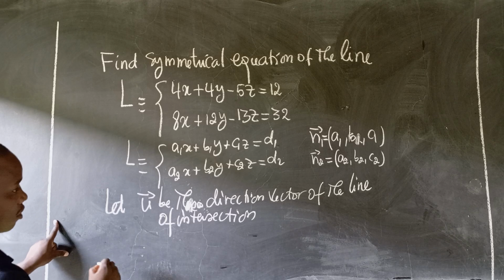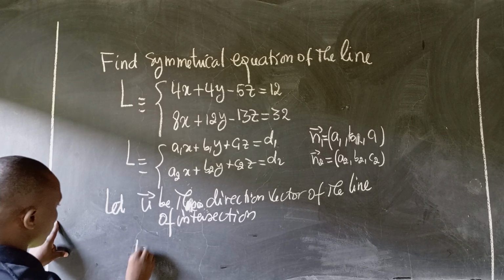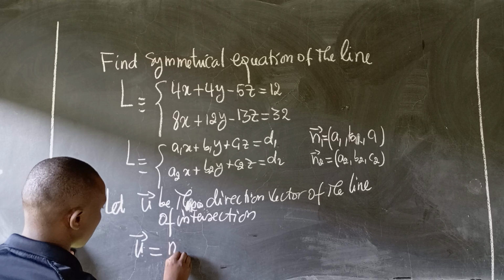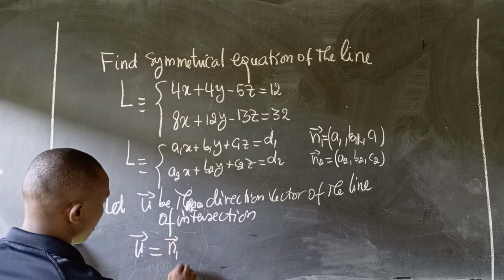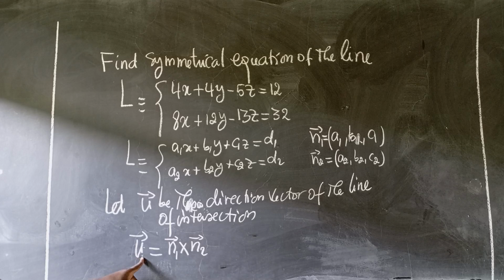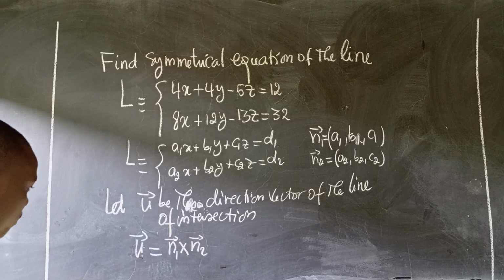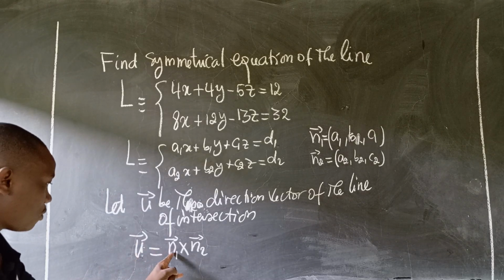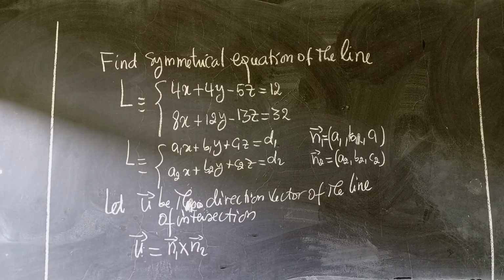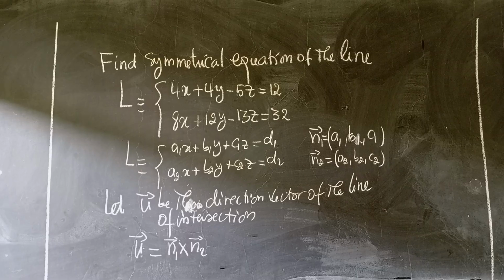So U is equal to the cross product of N1 and N2, and this U will be perpendicular to both N1 and N2. This is how we are going to do it.